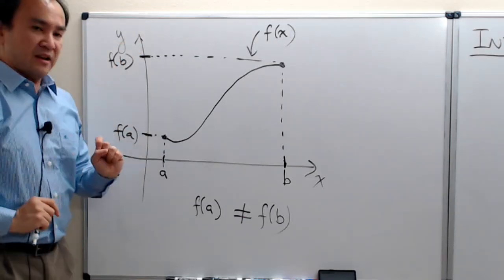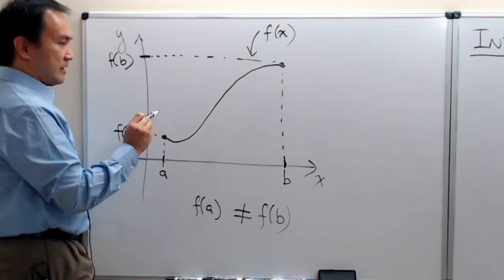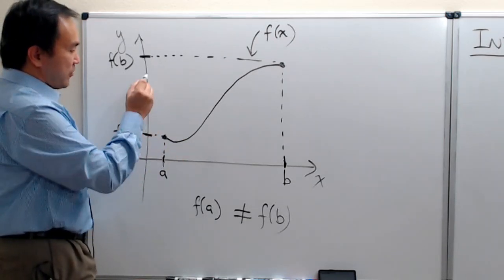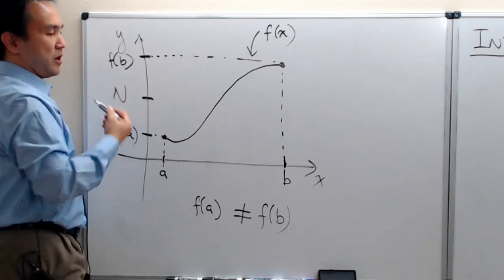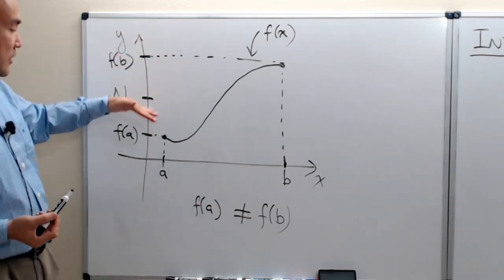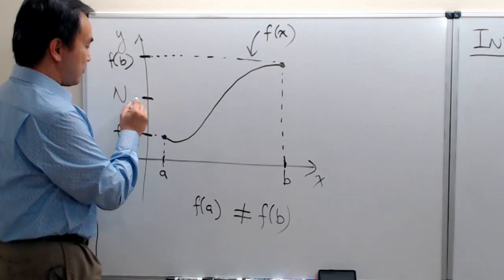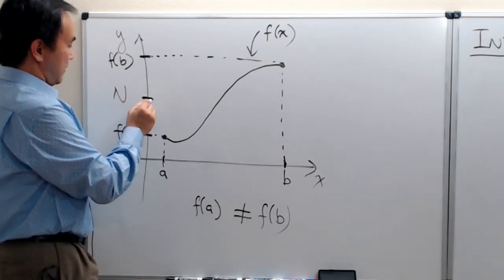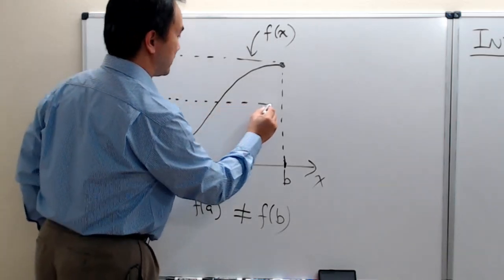The whole idea of the intermediate value theorem is that if we now pick any value n anywhere inside of this vertical interval, then the height n becomes a horizontal line.